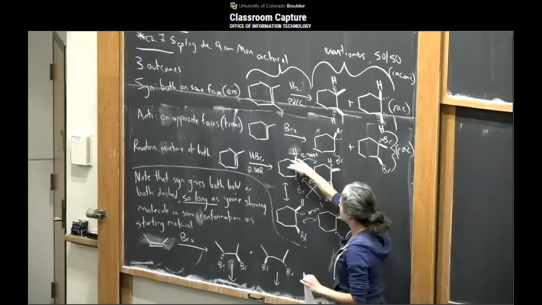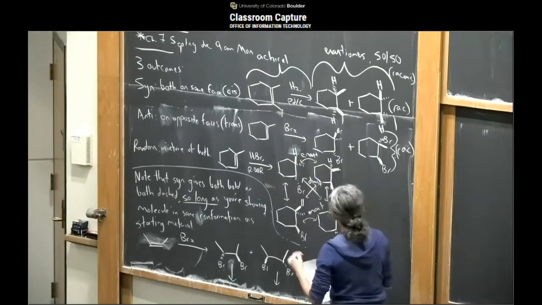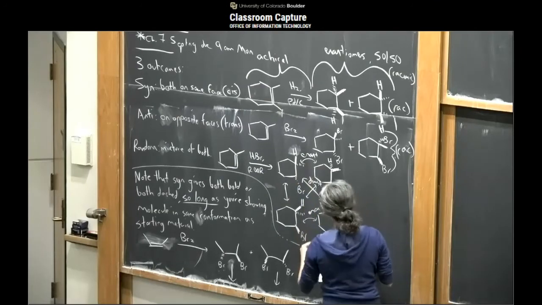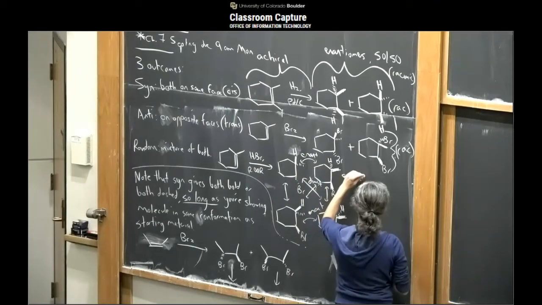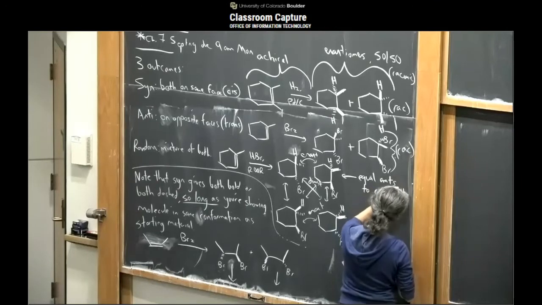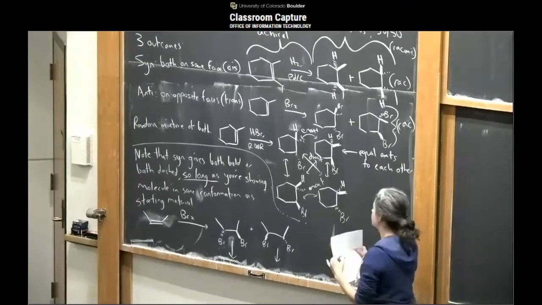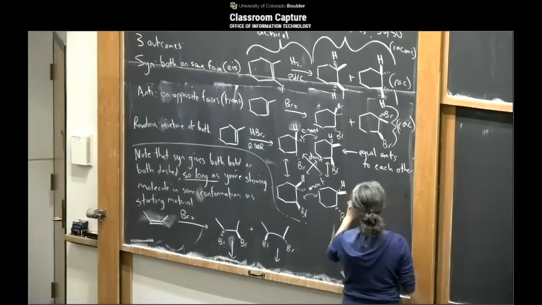So you're going to get some amount of a racemic mixture of one of these. But these two are also produced in equal amounts to each other. These two, also enantiomers, are going to get produced in equal amounts to each other.